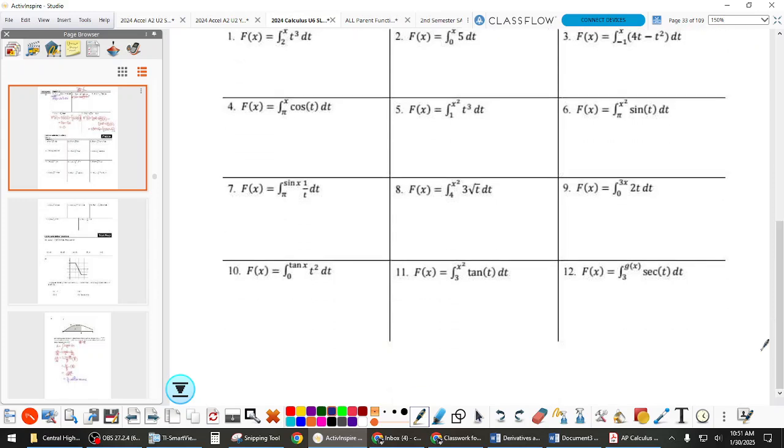All right, so we're finding f prime. I'm just going to write the integral symbol here and then t squared dt. Okay, so remember the derivative cancels the integral, which means that for t we can plug in tangent of x, squared.